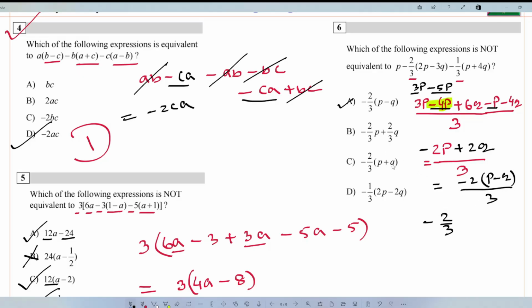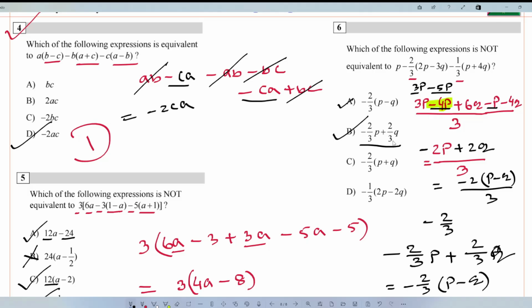Again, if we separate both fractions, this one is also okay. How? Minus 2 divided by 3 p plus 2 divided by 3 q, once we take minus 2 by 3 common, it will become (p minus q), right? So number B is okay.